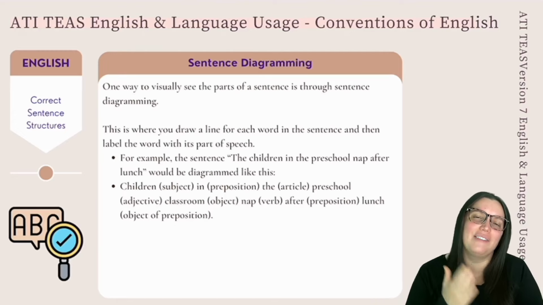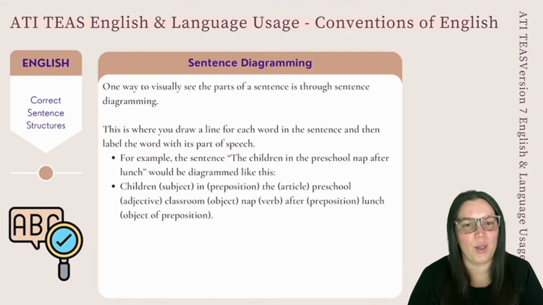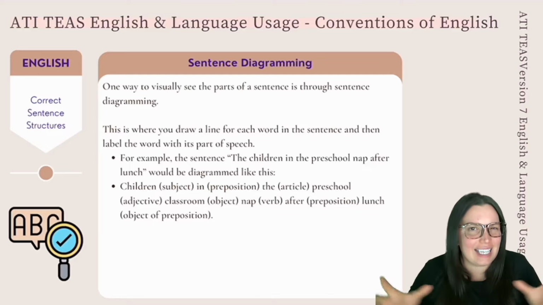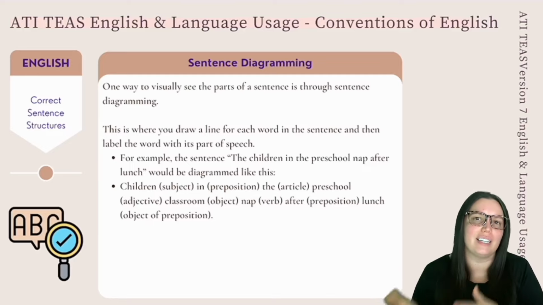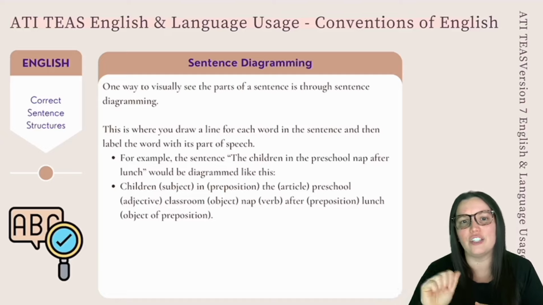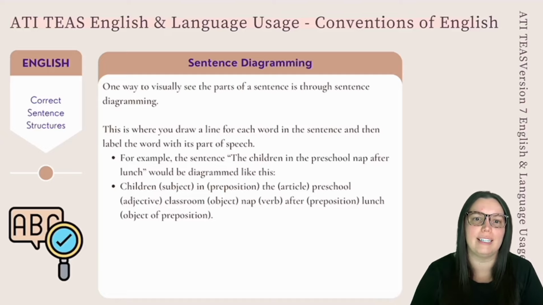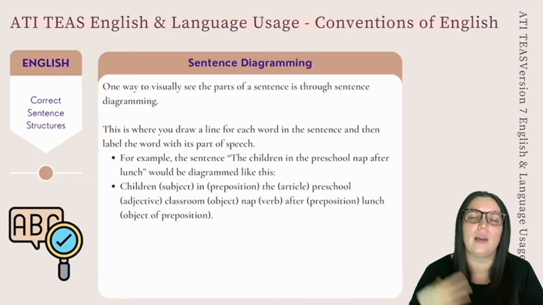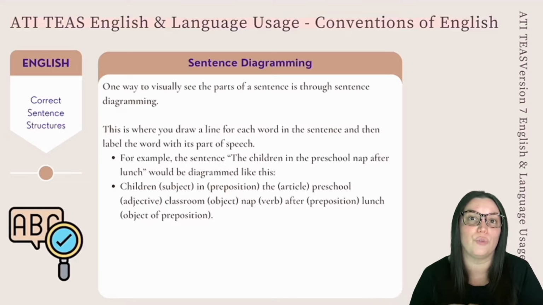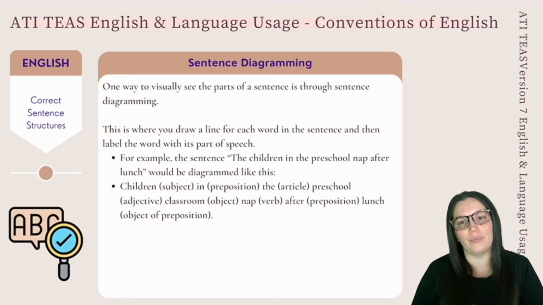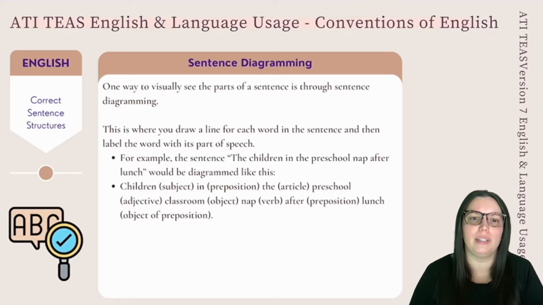And lastly, we have sentence diagramming. One of the ways to visually see the parts of a sentence is through sentence diagramming. So you'll see there's going to be a line that's drawn underneath each word of a sentence, and it's going to be labeled specifically with what part of speech it is referring to. So for example, the sentence, "The children in the preschool nap after lunch," would be diagrammed as follows.